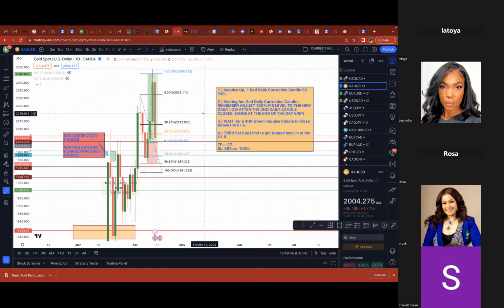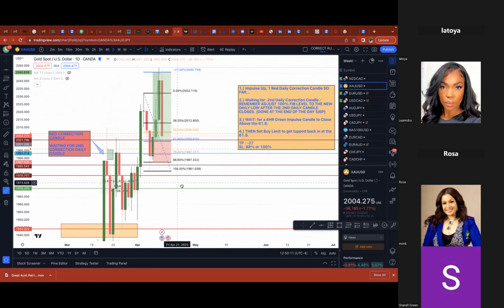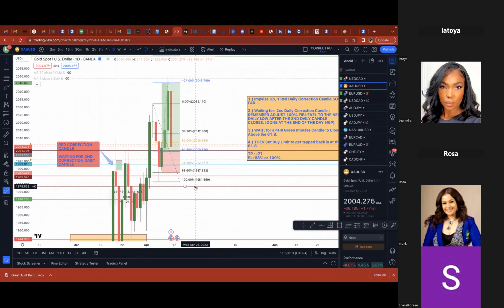So we're fibbing this up move, the 3 green candles up. We take the fib from top to bottom instead of bottom to top.